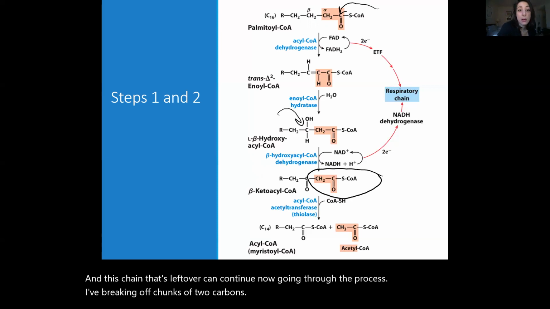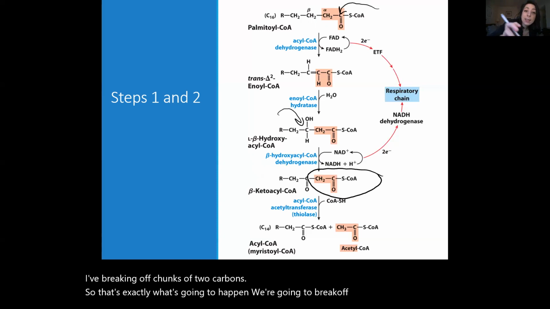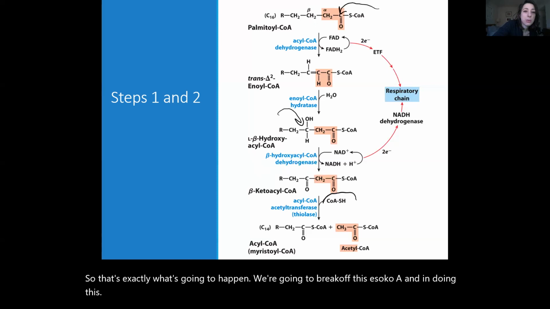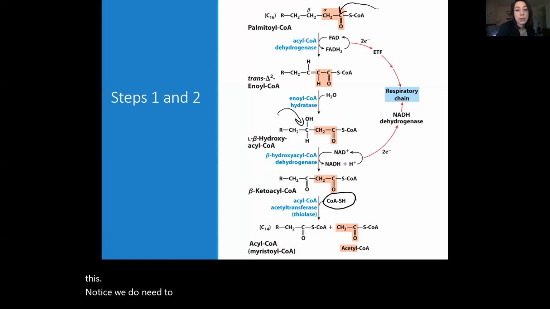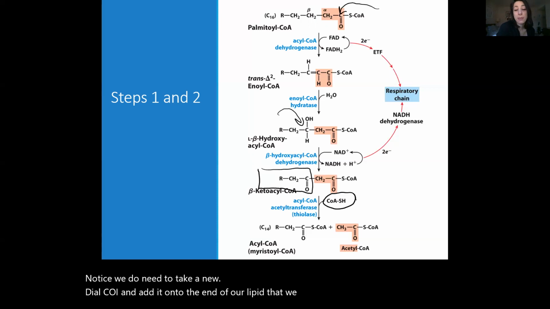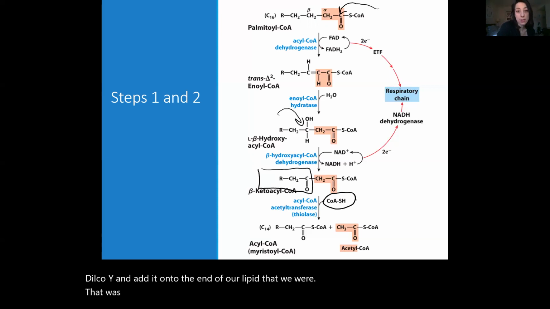So that's exactly what's going to happen. We're going to break off this acyl-CoA, and in doing this, notice we do need to take a new thiol-CoA and add it on to the end of our lipid that was left over after breaking off one acyl-CoA.